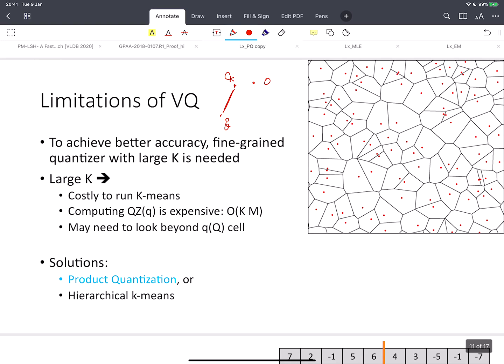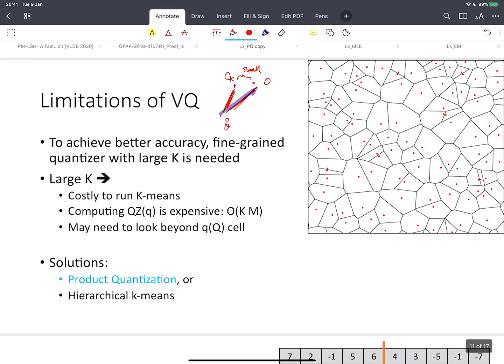The blue one is the real distance between Q and O, and I'm using the red one to approximate it. Intuitively, if this is small, then these two lines are likely to have a small difference in length. So if distances are approximated accurately, you can answer this kind of query accurately.